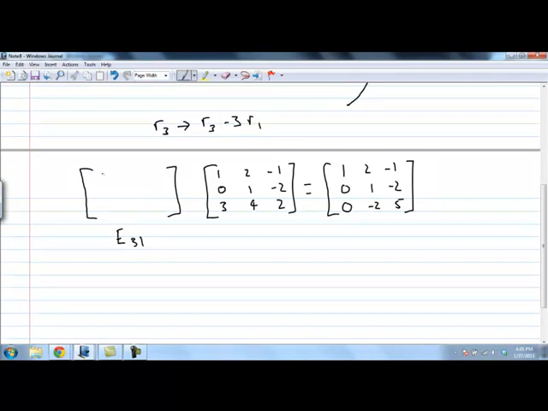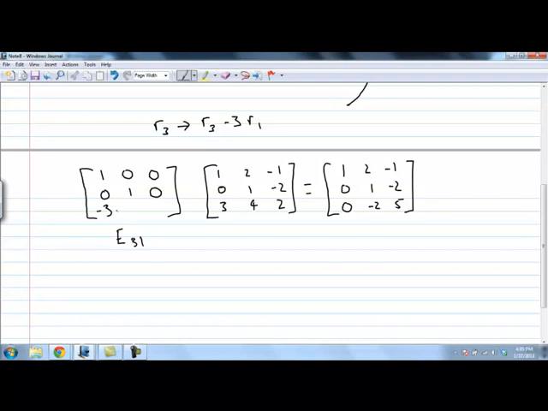So again, row 1 did not change. So in the first row of E31, we take the first row of an identity matrix. In this case, row 2 did not change either. So again, we take the second row of an identity matrix. And now we need to figure out what to put in the third row in order to make this multiplication correct. Now to form the new row 3, we had -3 row 1s.